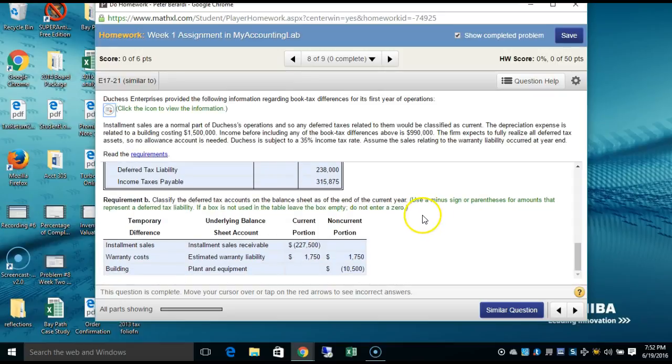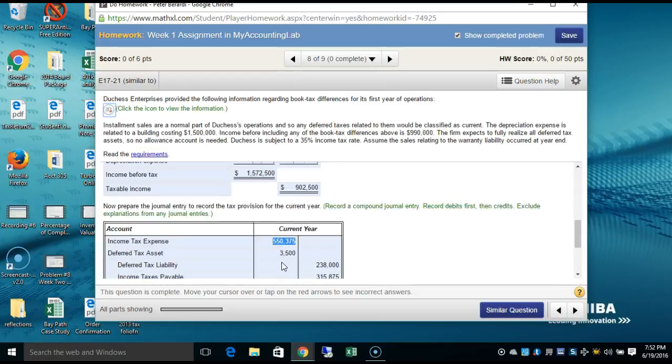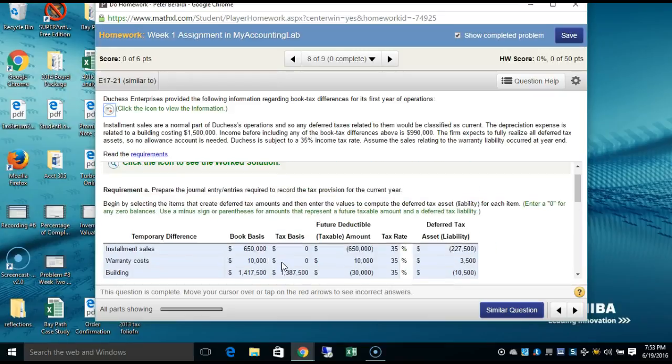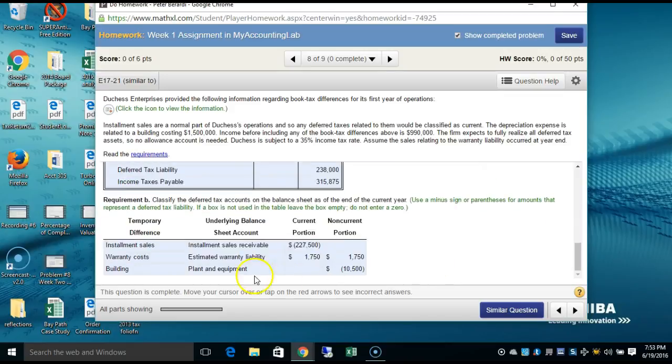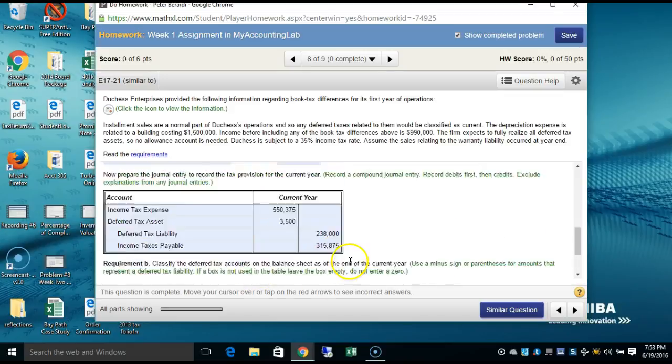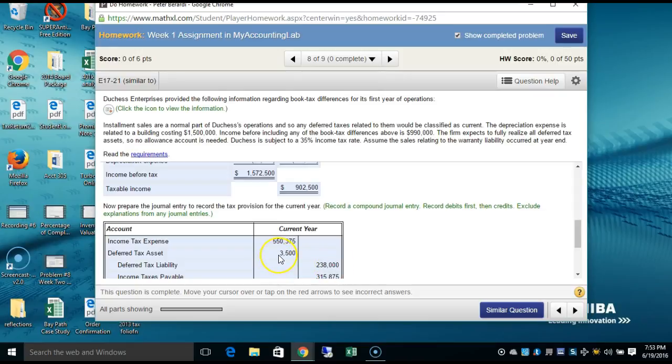Finally, they want to know what's current portion on the balance sheet and what's non-current. The current portion is going to be $227,500 for the installment sales, and that's right from your schedule right here. Half of the warranty cost of $3,500 because it's a 2-year warranty program.